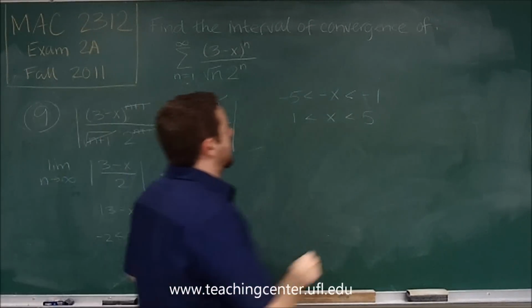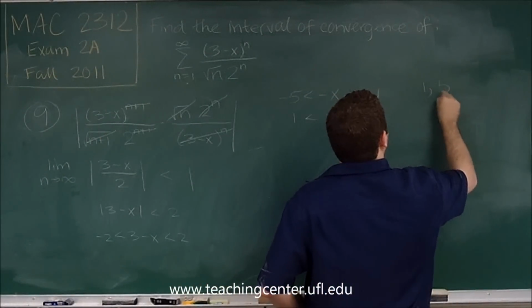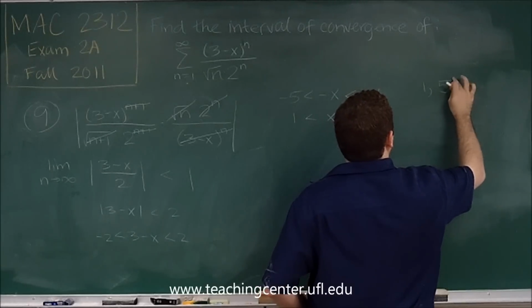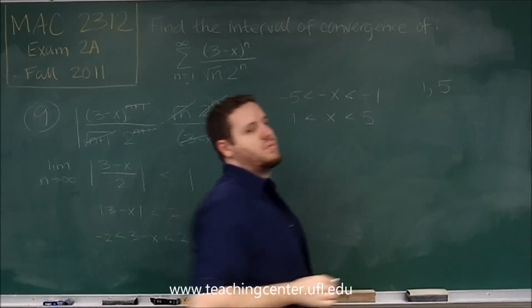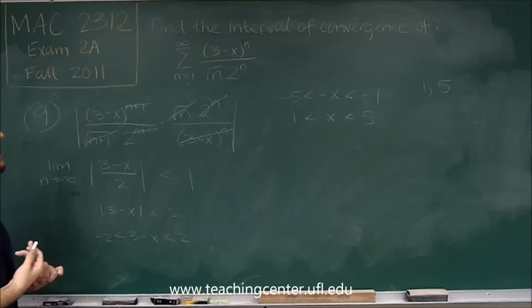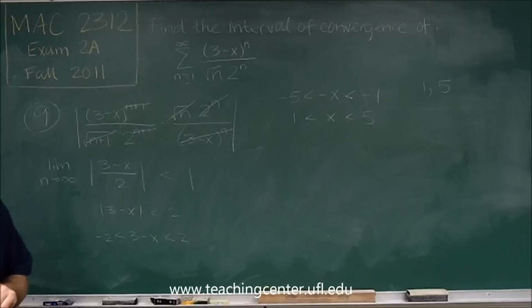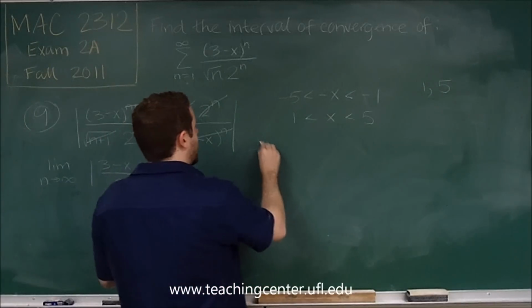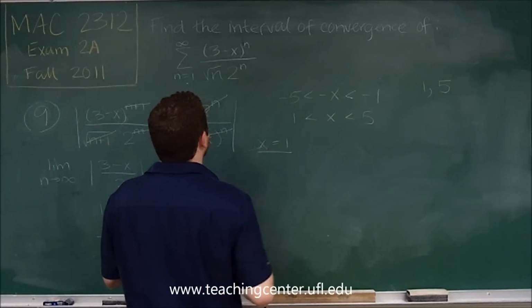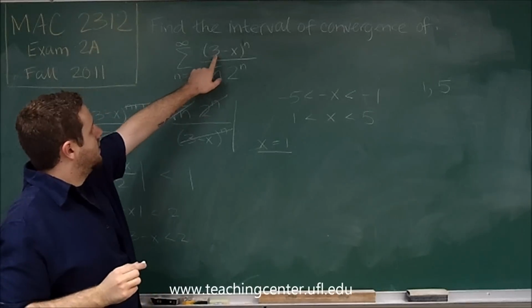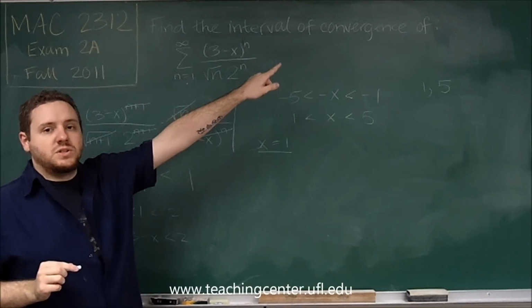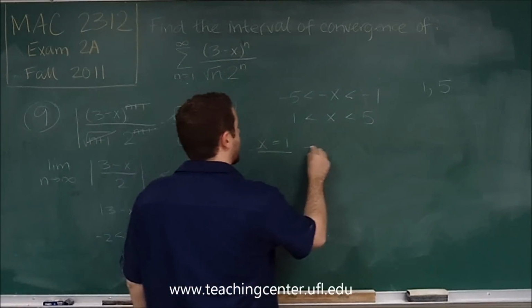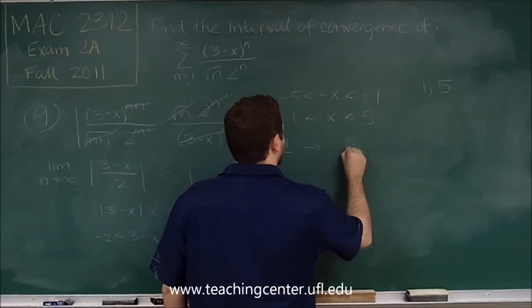So we know that our interval of convergence is going to have to be from 1 to 5, but we don't know, should we be putting parentheses or brackets on these? We don't know what's happening at our endpoints, so let's check that out. So when x equals 1, we get 3 minus 1, which is 2, to the n.